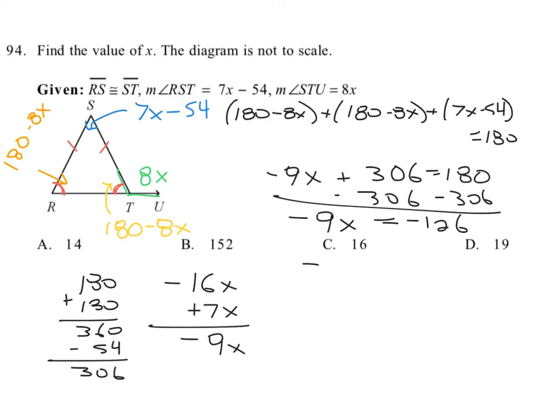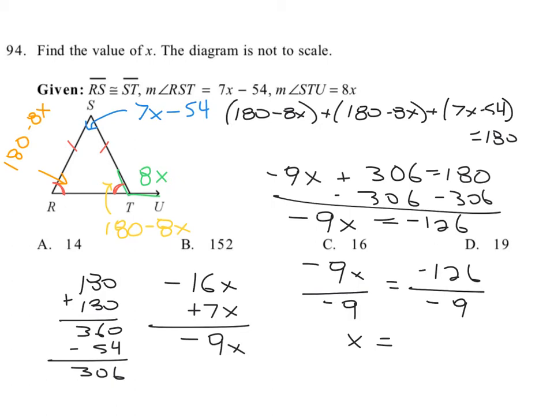Okay? And then we're going to say negative 9x divided by, what is the coefficient of that? The coefficient of it is negative 9, so we divide by negative 9. And we get x equals, how many times? Well, negative divided by negative is positive, so I already know I'm going to get a positive number. Let's see, 126 up top.